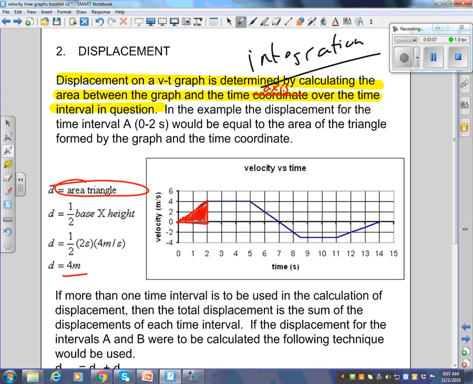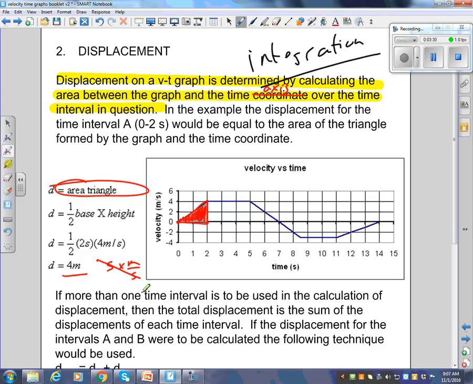The seconds do cancel out. Well done. Here you've got 2 seconds and meters per second. So if you take seconds multiplied by meters per second, the seconds cancel out and you're left with meters. Okay, so the units are important. It's going to show you what it's going to be.